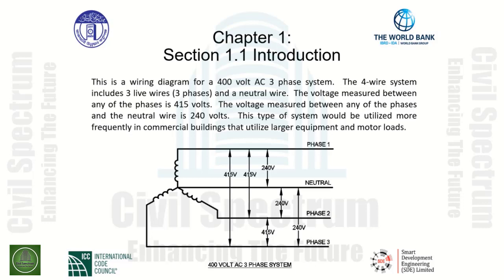And finally, from phase 3 to the neutral wire, again, provides a difference in potential of 240 volts. This type of system, this three-phase 400-volt system, would be utilized more frequently in commercial buildings that utilize larger equipment and larger motor loads.